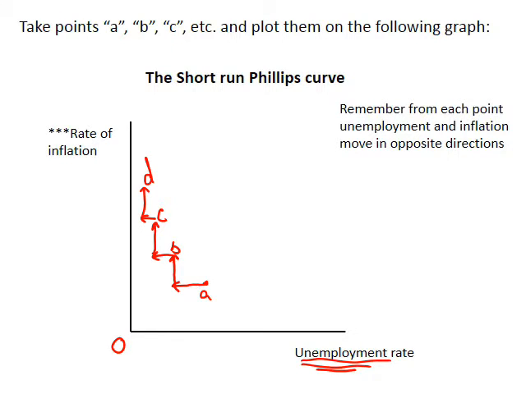If we connected these points D, C, B, and A, we would have something that looks like this. And that is intentionally a curve, not a straight line. So remember, from each point, unemployment and inflation move in opposite directions. And this is known as the short-run Phillips curve. And let me emphasize again, it is because of changes in AD that we see this particular shape.